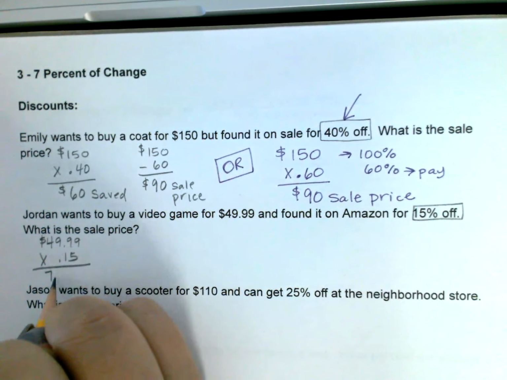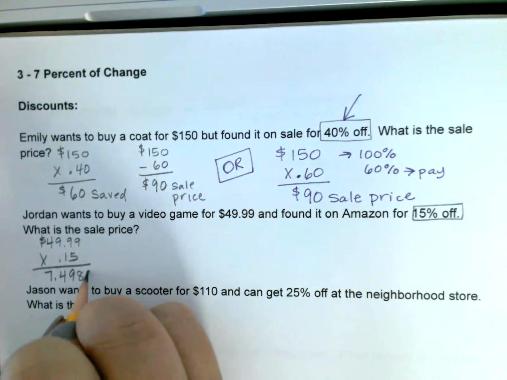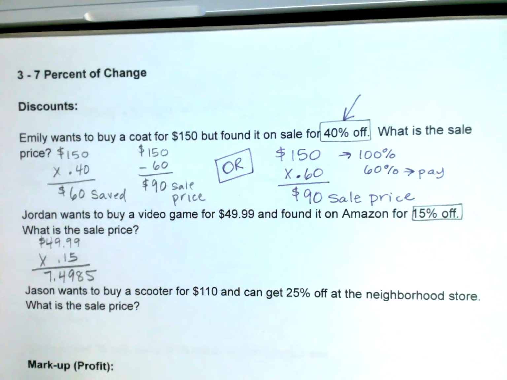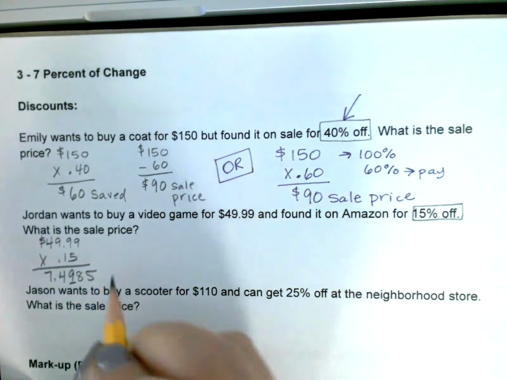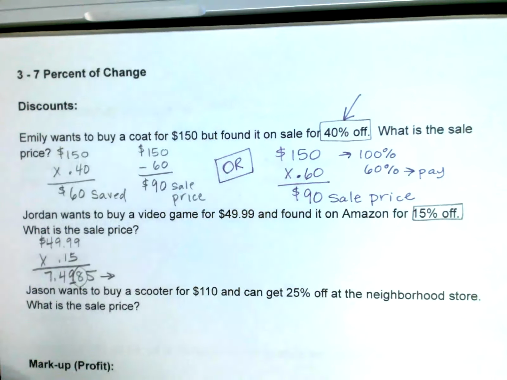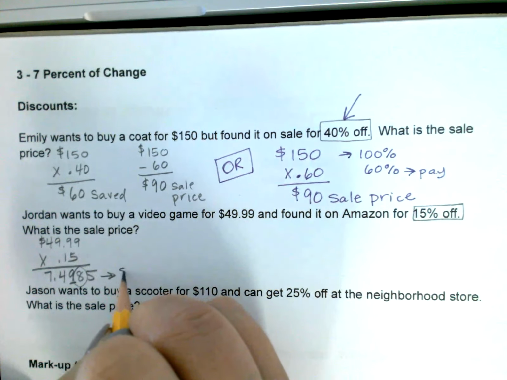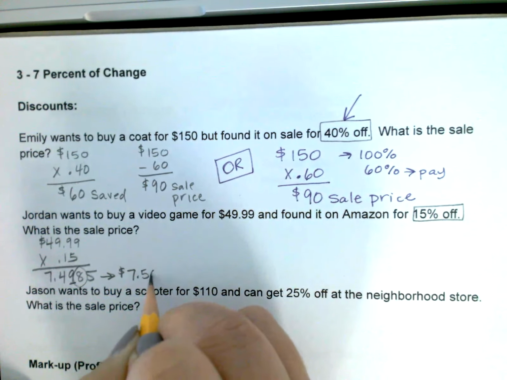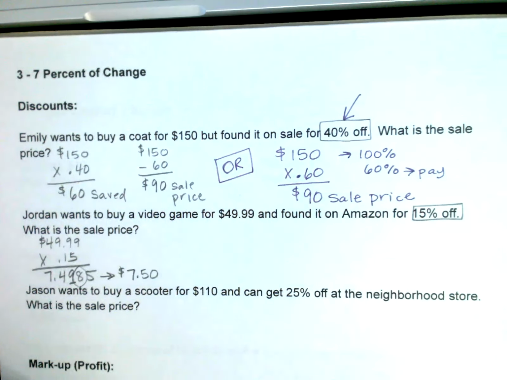Now, when I looked on my calculator earlier, I got this gigantic decimal. We're talking about money. We need our answers to look like money. Money has two decimal places, so I need to round by looking at the third decimal. He would save $7.50.